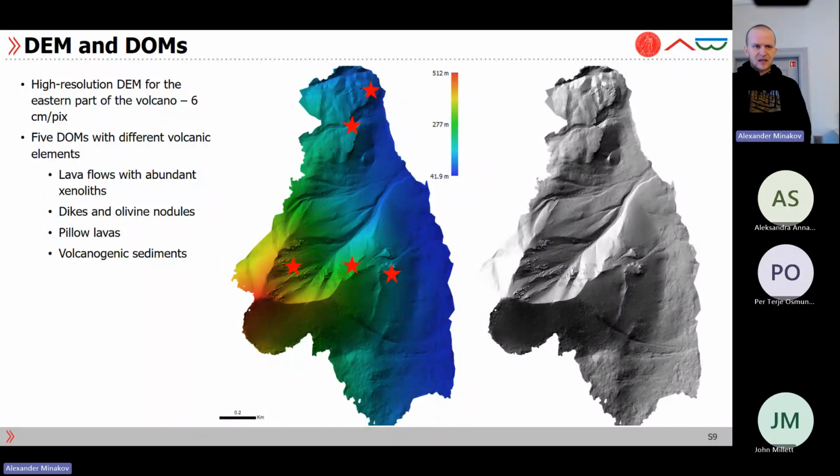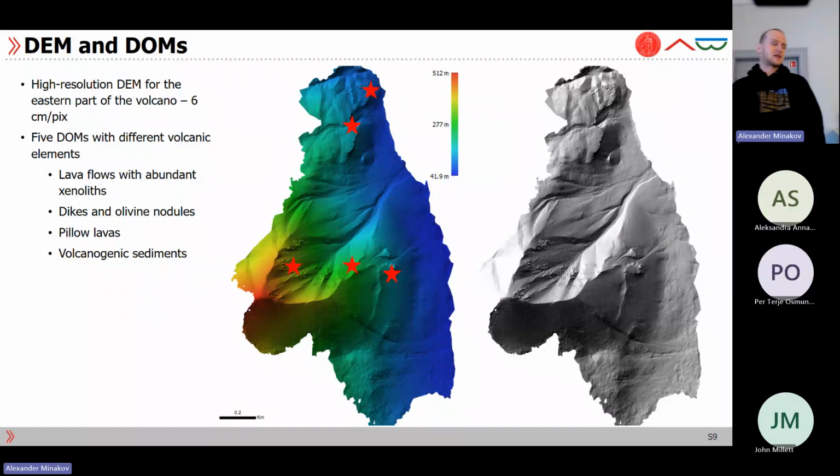So, as I said, we got a digital elevation model for the whole, or almost the whole, volcano part. It's mainly the eastern part, which is nicely exposed today. And the resolution of the model is very high.